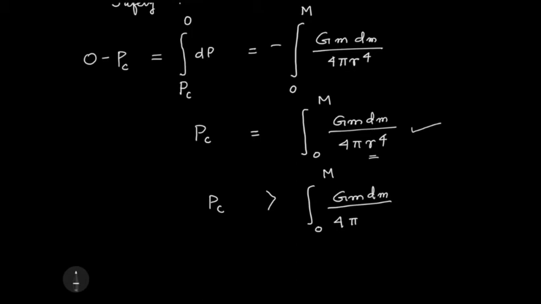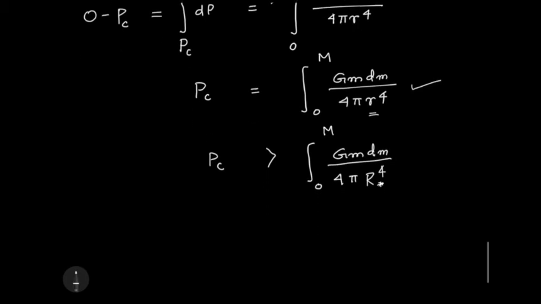If I put anything which is larger than smaller, that will only reduce PC. So why not put the largest radius possible, which is the radius of the star here? Then I can at least say that PC must be greater than this. I can take this 4 pi R star to the power 4 outside and do the integration, which will give me GM square by 2, where M is the mass of the star.